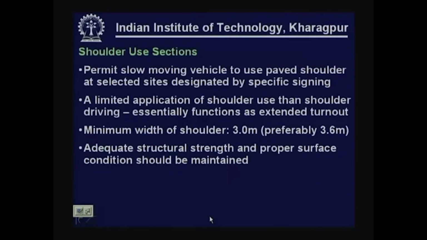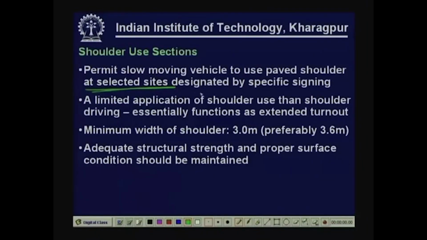Last one is shoulder use sections. Shoulder driving will occur anywhere and everywhere. Now, for a shoulder use section, overtaking or passing is permitted only at selected sites designated by specific signing, saying that yes, overtaking is allowed here.